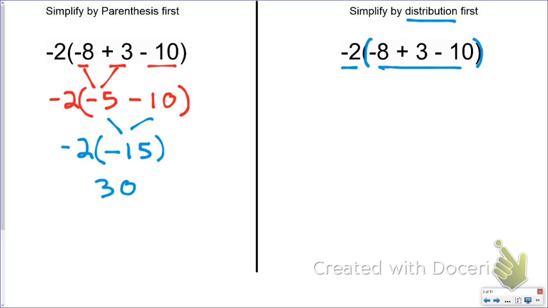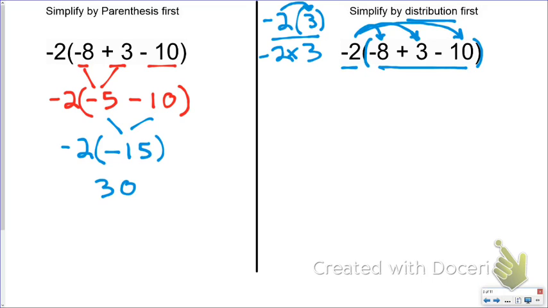And whether it's a group of numbers in the parentheses or a single number, distribution literally means that we are multiplying that number to all of the numbers inside. If I just said -2 times 3 as an example up here, this is why we use multiplication. That is timesing, multiplication. -2 times 3.